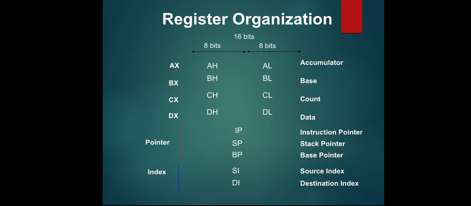The CX register is used to store the count value in our programming. The DX register is also generally a data register, but especially in multiplication and division operations, the additional answer is stored in DX by default. So like this, you need to answer the special features of the general purpose registers.